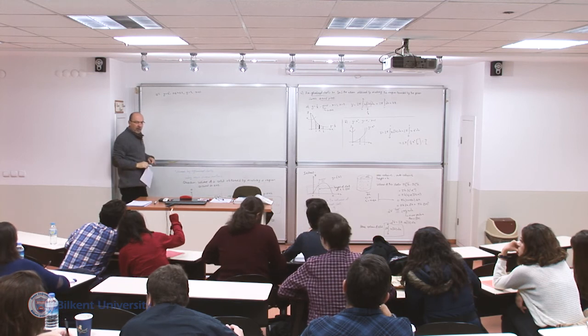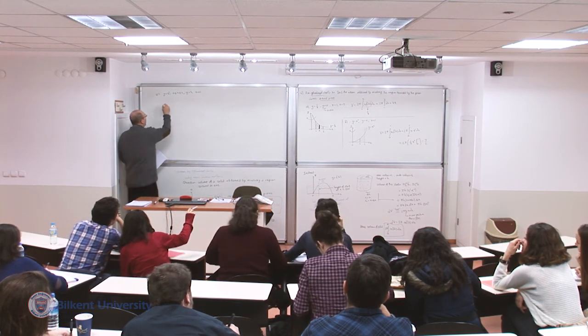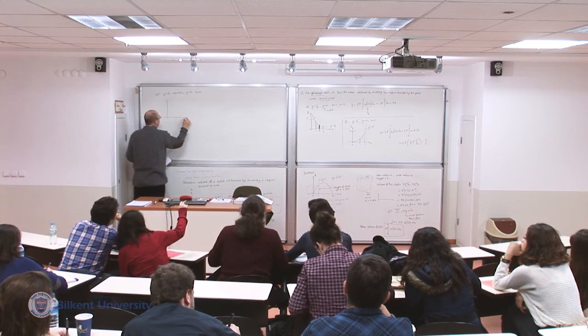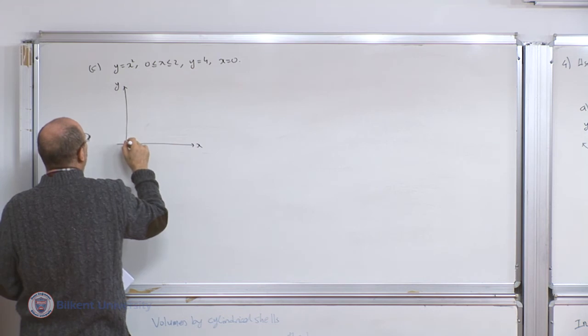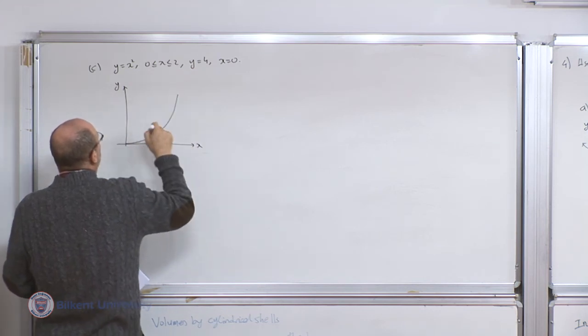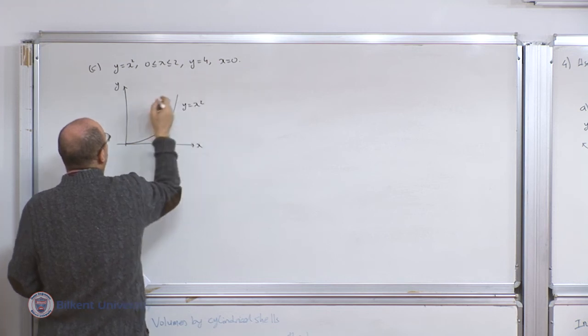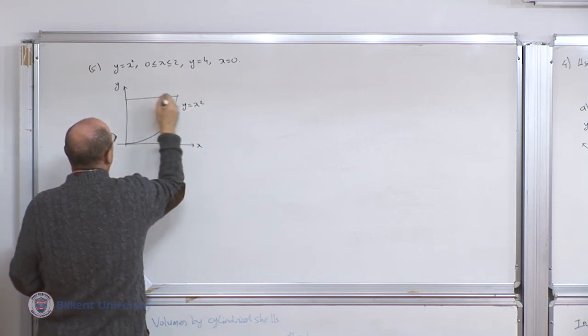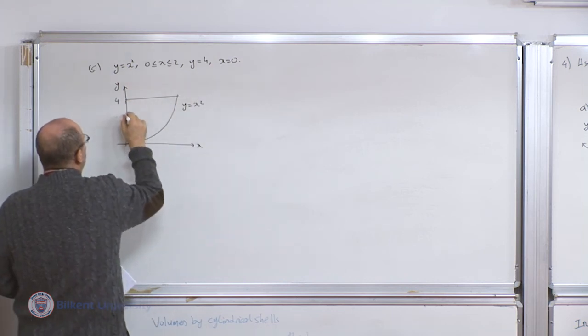Let us first sketch the region. So we have this parabola, this is y equals x squared. We have this y equals 4. And x equals 0 is this.